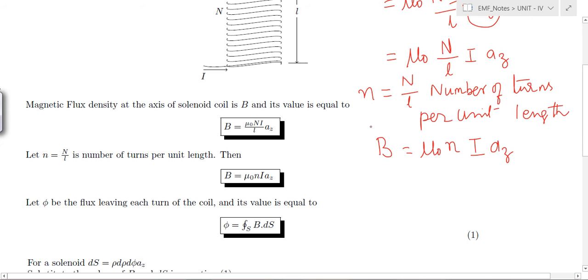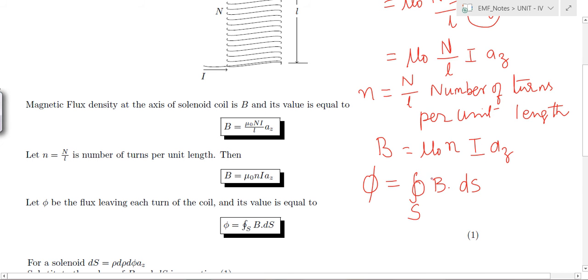Now let phi be the flux that is established in each coil or each turn. Then this phi and B are related as phi is equal to the integral over the surface of B dot ds.